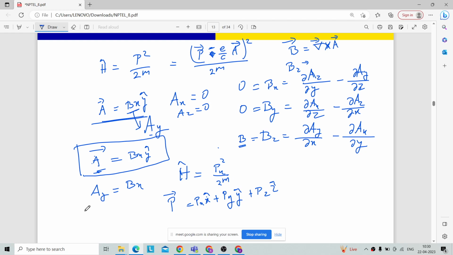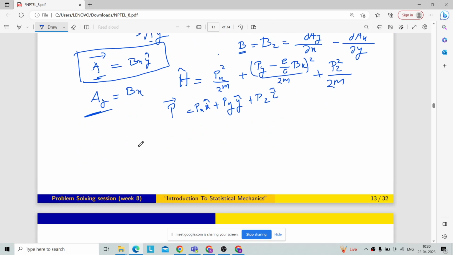But I have a y component of A. So the second term which will come with Py will be Py minus e over c times Ay. Now Ay is Bx. So this is Bx over 2m, and this is squared. And there is no z term for A also, so my Pz will also be written like this.